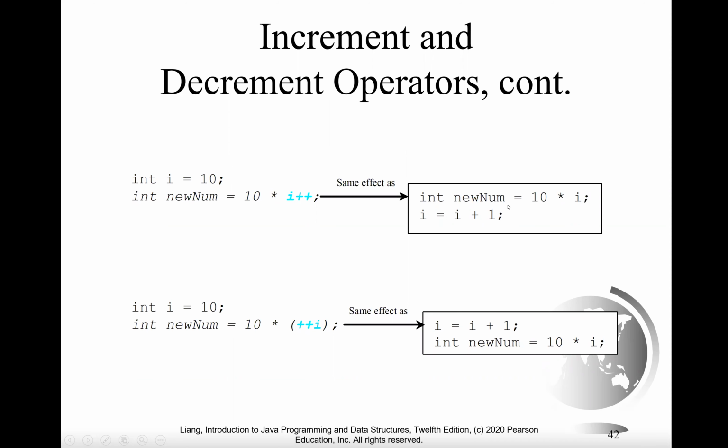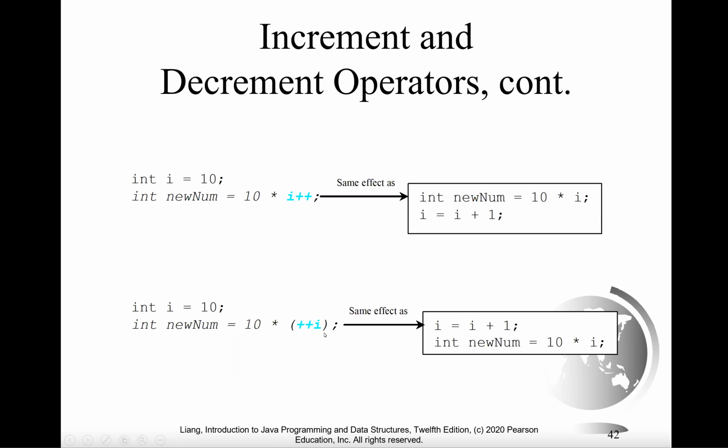This is equivalent to the following. I'm going to write 10 times i, and then you increment i by 1. This is the pre-increment. First increment i by 1, so i was 10, now i becomes 11.